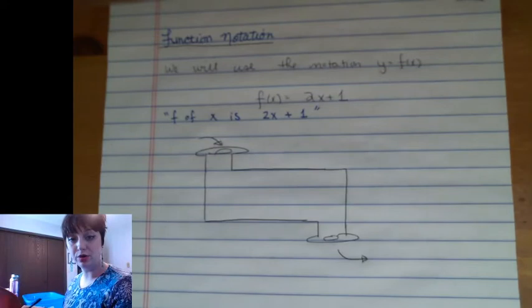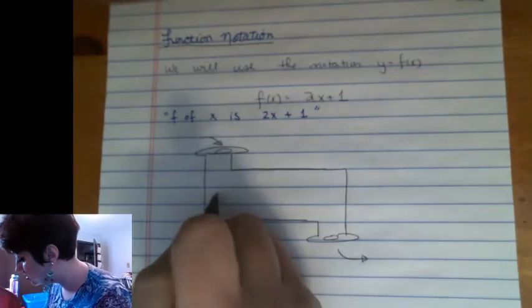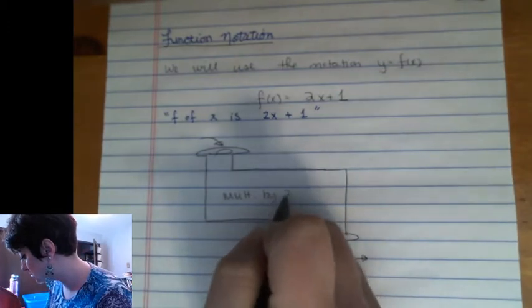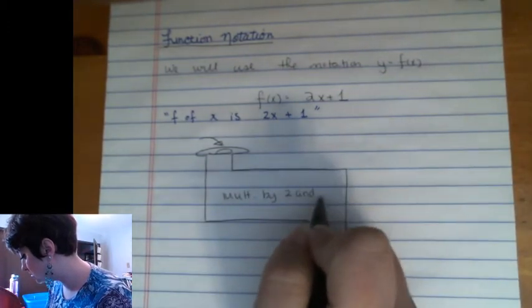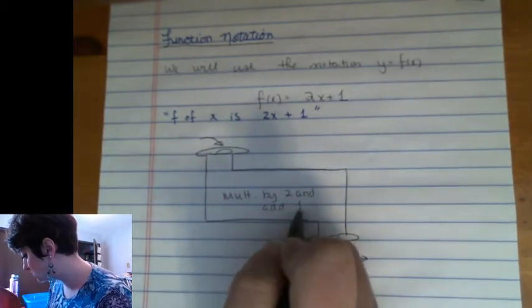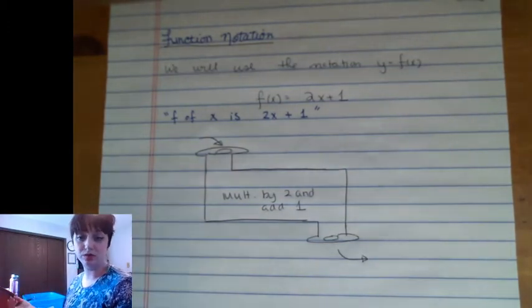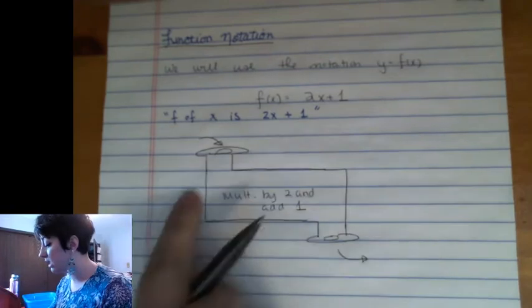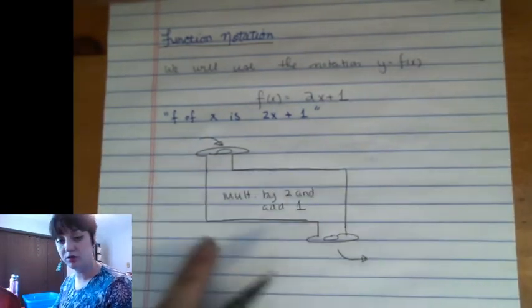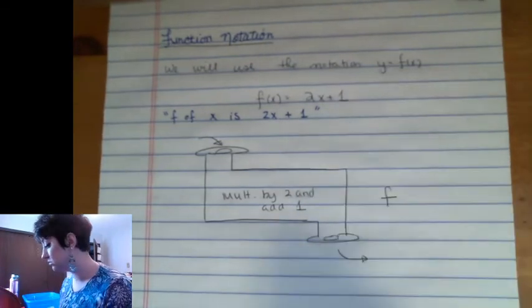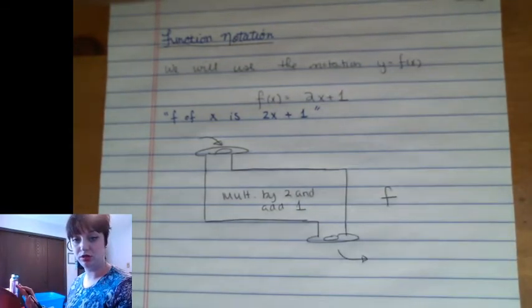In goes numbers, whatever goes in, you multiply it by 2 and you add 1 and out comes whatever. So rather than having to say multiply it by 2 and add 1, I'm just going to call it f. That's what I'm going to call it because that's shorter.